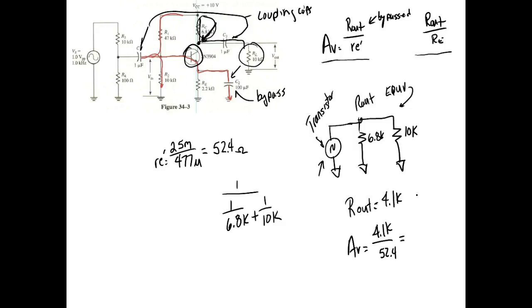About 78.3. When you deal with fractions here, it's basically a waste of your time. So it's going to be a gain of about 78.